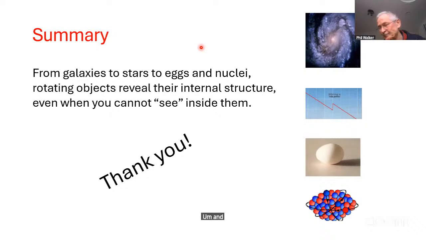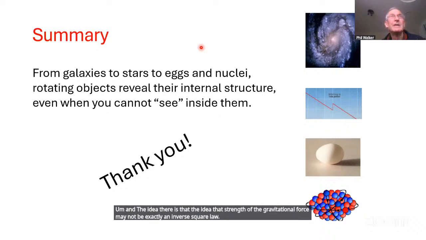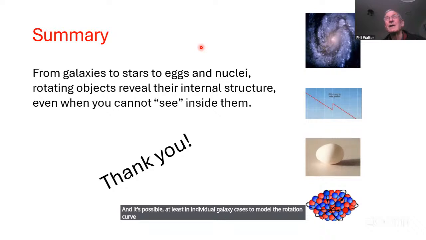And the idea there is that the strength of the gravitational force may not be exactly an inverse square law. And it's possible, at least in individual galaxy cases, to model the rotation curve with that assumption.